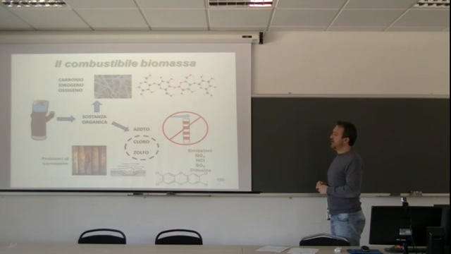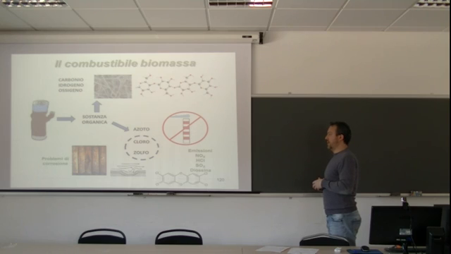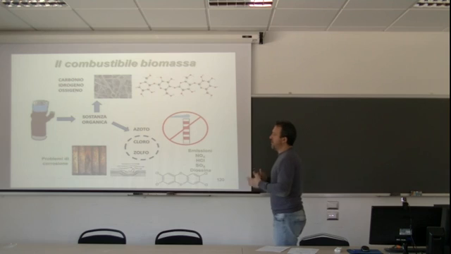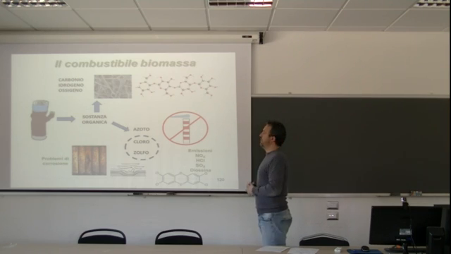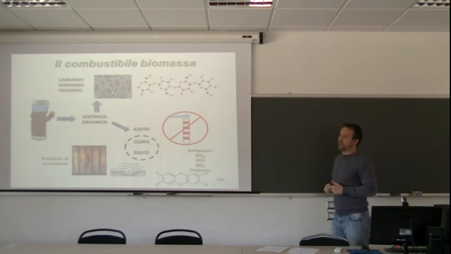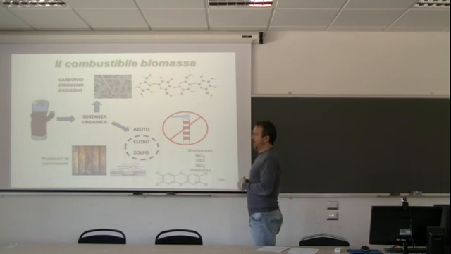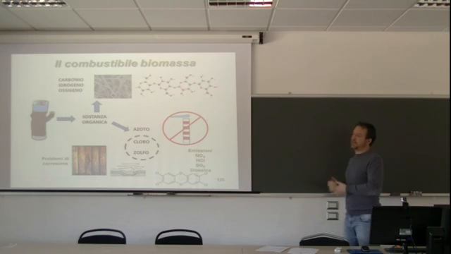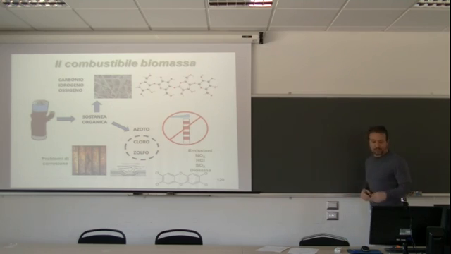In the lower part, you can see in general the problems connected with these elements in terms of corrosion, but also the environmental problems in terms of emissions into the atmosphere, and so the systems that can reduce these emissions. Okay.